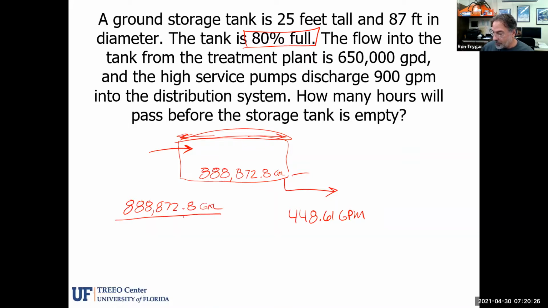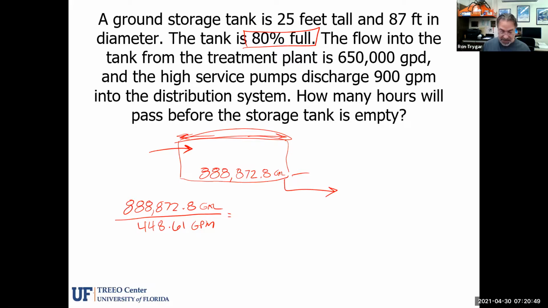Divide that by our flow out of the tank of 448.61 GPM. And we're going to end up in minutes. You can see we're going to end up with minute units here because gallons are going to cancel out. So let's work this out.